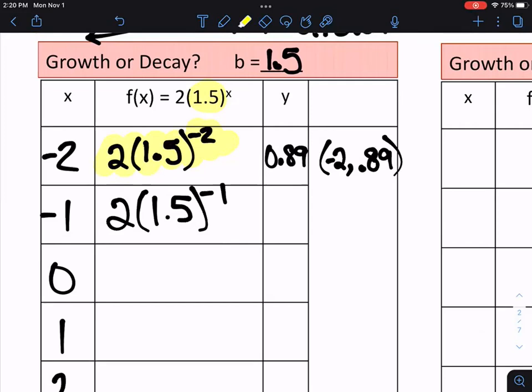So now when you type in that -1, you should get 1.3 repeating, which is the ordered pair -1, comma 1.3. And then we're just going to work our way down the entire list using our calculator to find those answers. So take a minute and fill out the rest of the table.